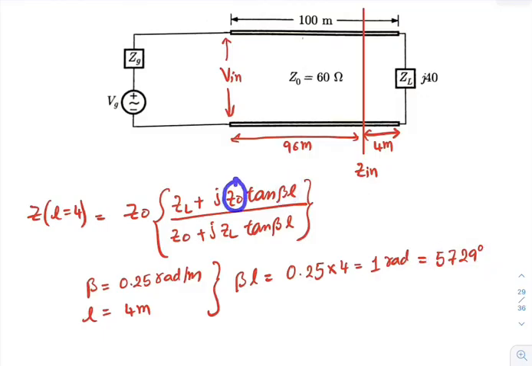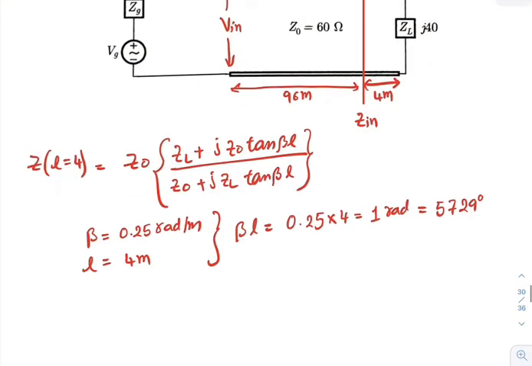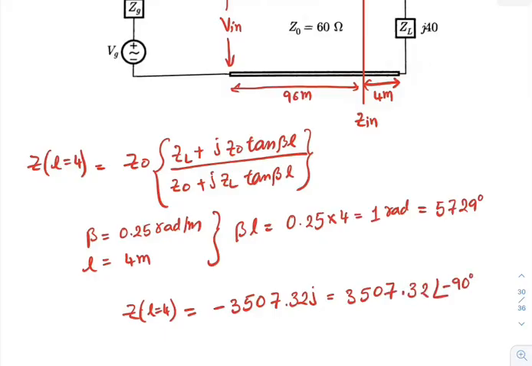ZO equal to characteristic impedance, that is 60 ohm, and ZL is J times 40. Upon substituting, you will get Z of L equal to 4, or else impedance at a distance of 4 meters from the load is equal to minus 3507.32 J. Converting it into polar form, 3507.32 angle minus 90 degrees.